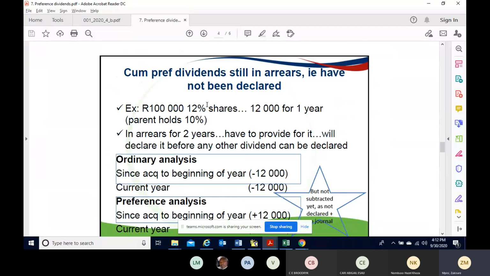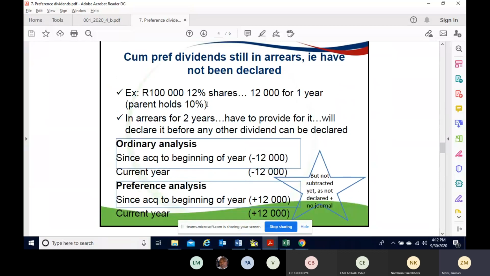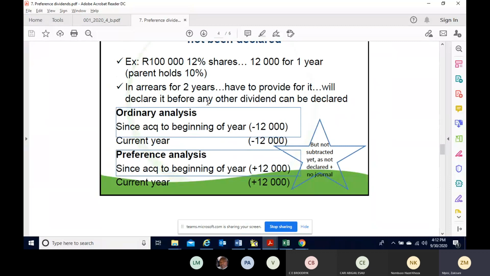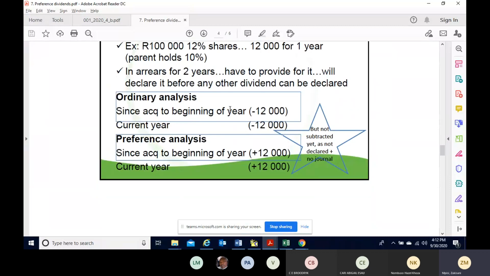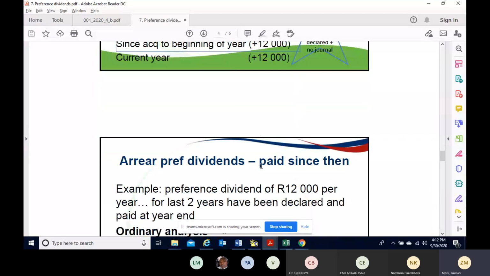And here is an example of cumulative preference shares that are still in arrears, but they have been declared. So each year you know how much dividends should be there, but you are basically informed that two years in arrears have to be provided. So in the ordinary analysis, we take it out of the profit, and in the preference analysis, we indicate it as a positive because it's not yet paid.